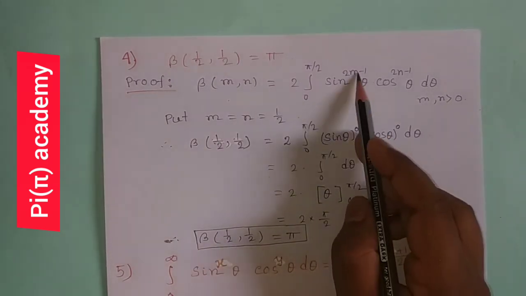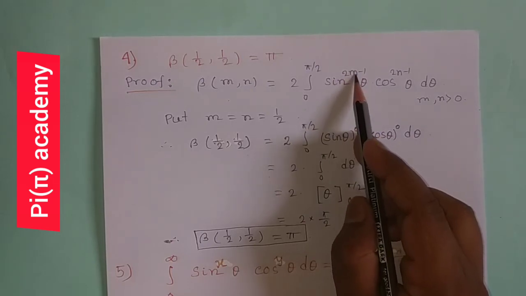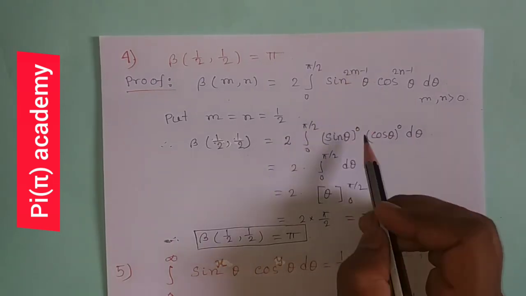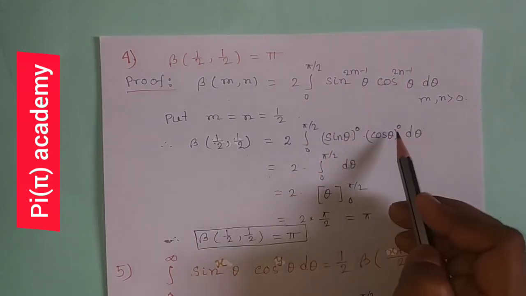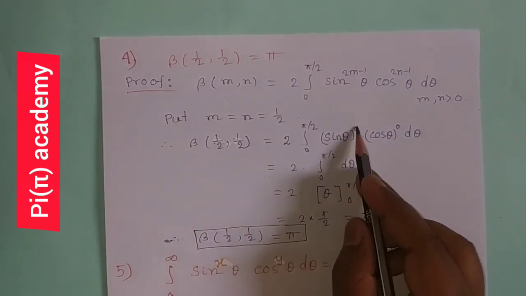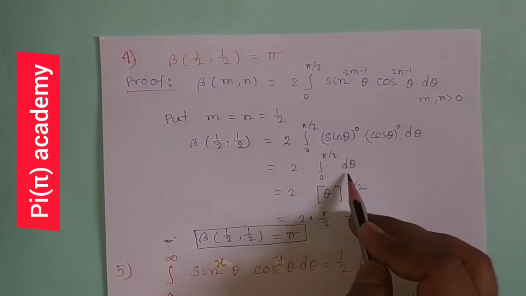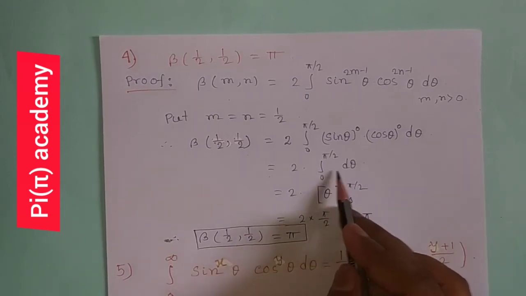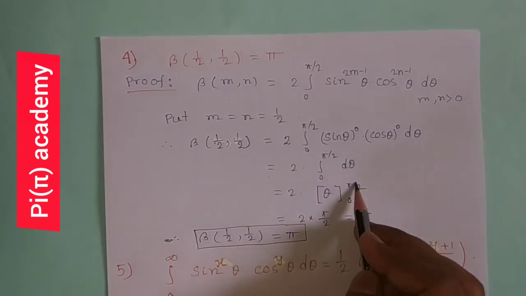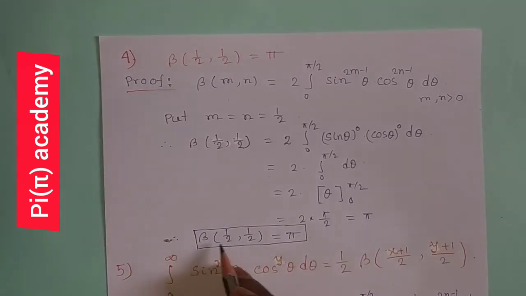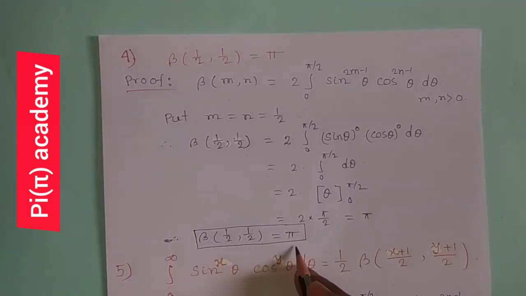Since if we put m equal to half, then half and half, 2 times half minus 1, that is 0, and similarly for n, that is 0. The sin to the power 0 is 1, and cos to the power 0 is 1, 1 into 1. Therefore we get d theta. 2 into the integration of this is theta from 0 to pi by 2, that is 2 into pi by 2, that is pi. Therefore beta half comma half equal to pi.